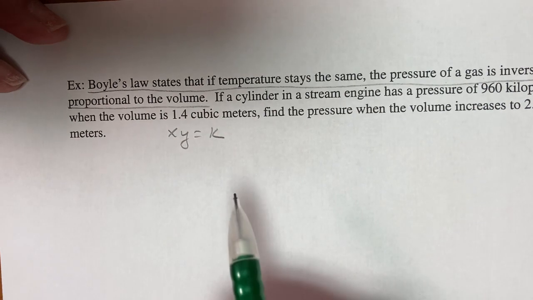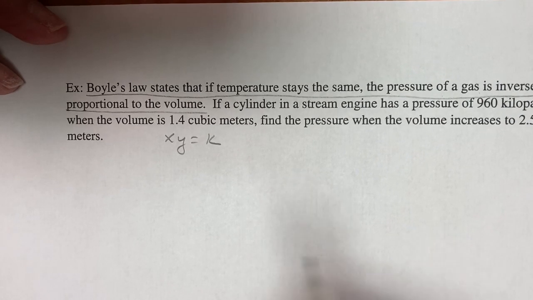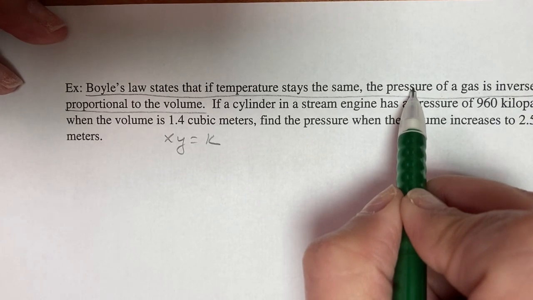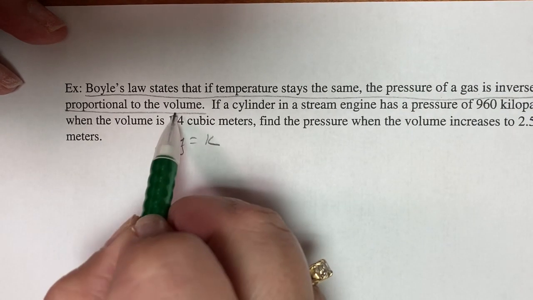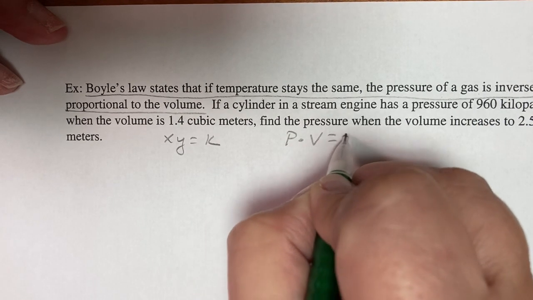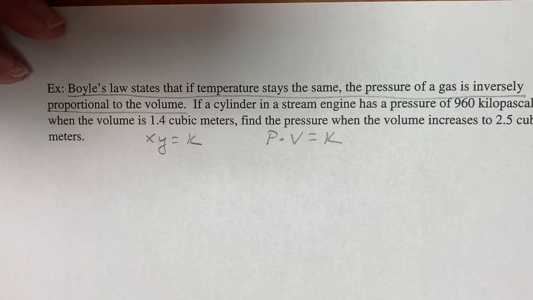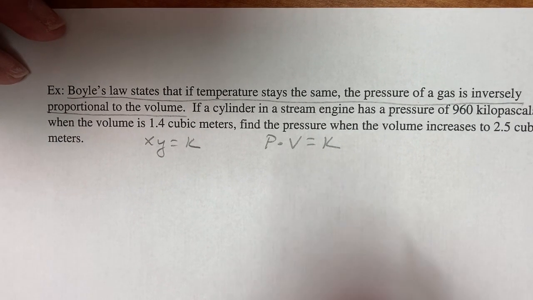And again, I'm going to use words or variables that make sense to the problem. So it says the pressure varies inversely as the volume. So that tells me that P times V is equal to K, where P is pressure and V is volume. Okay, so now I have my equation.